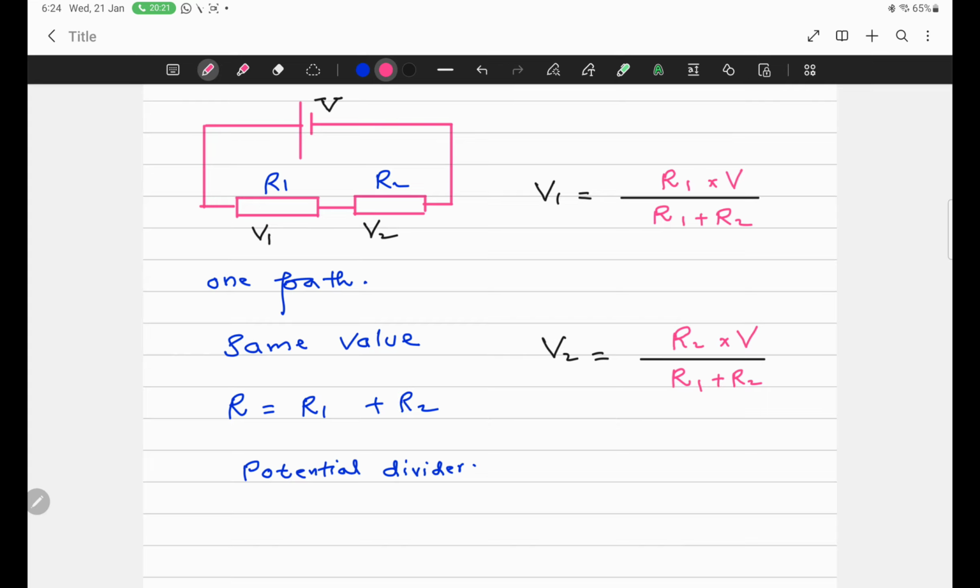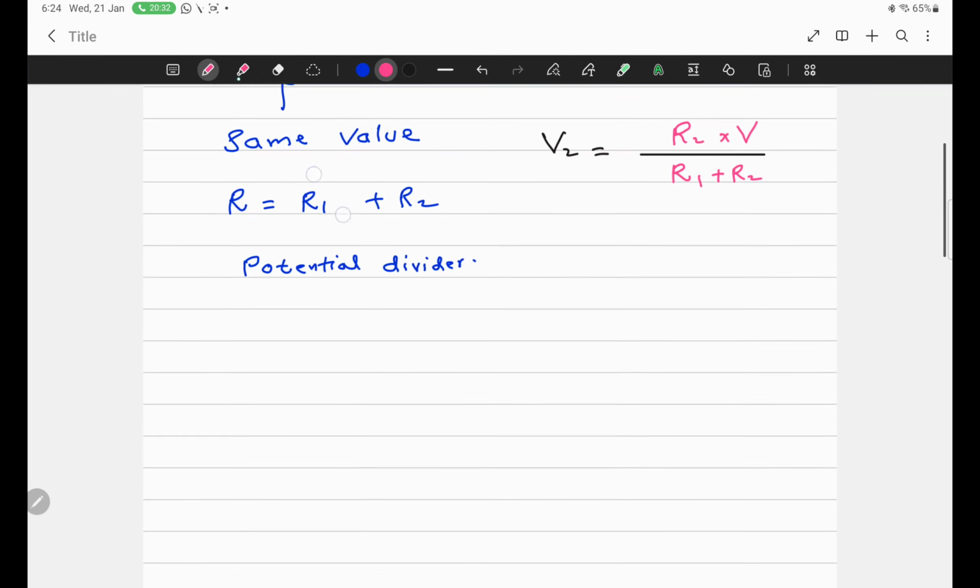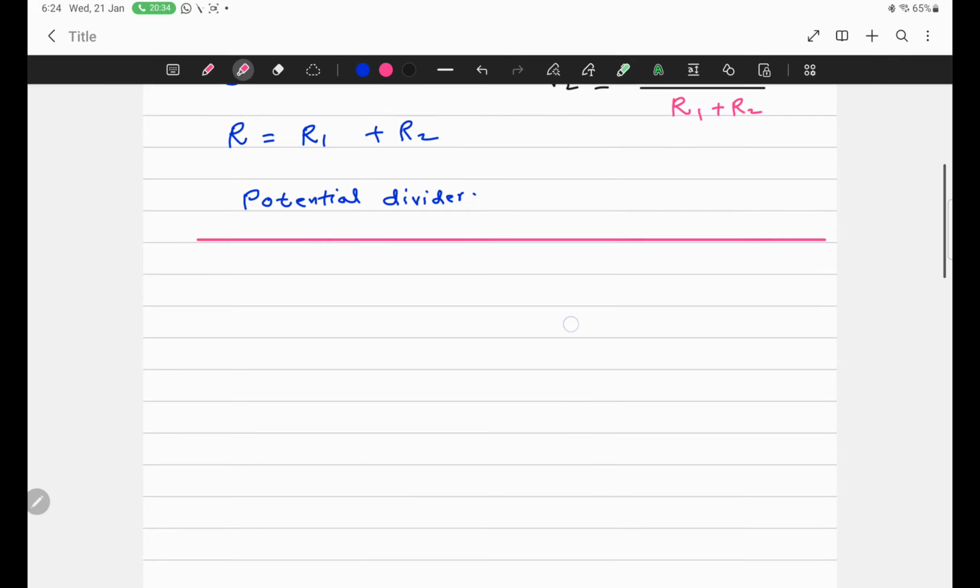Jupiter, have you noted? Okay. And now this is a potential divider formula.